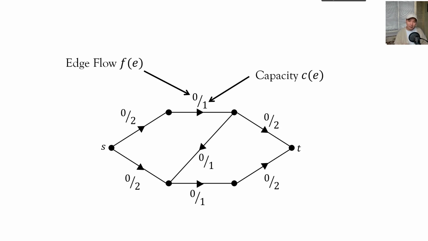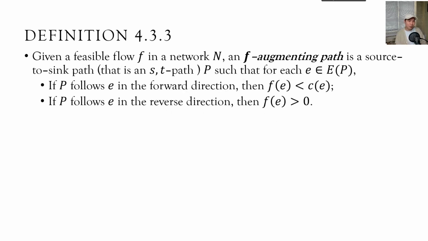All right, so now that we know some general notation, what a network may look like, let's go ahead and introduce some other definitions. The next definition I'm introducing is an F augmenting path. So we've talked about augmenting paths before, and we saw that usually, more or less informally, whenever we talk about an augmenting path, it was a path that was not necessarily the most optimal or best option for our path.